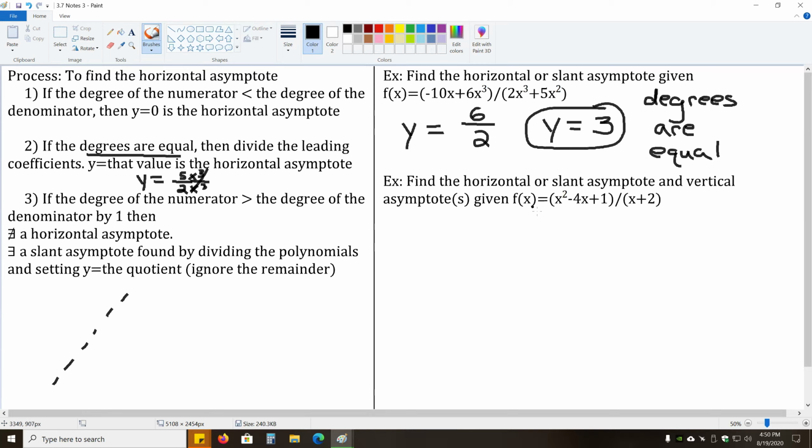So in terms of vertical asymptotes, x plus 2 is the only factor in the denominator, and since it can't cancel out with a factor in the numerator, it is a vertical asymptote. So we'll set x plus 2 equal to 0 and solve, subtracting 2 from each side. We get x equals negative 2, which is our vertical asymptote.